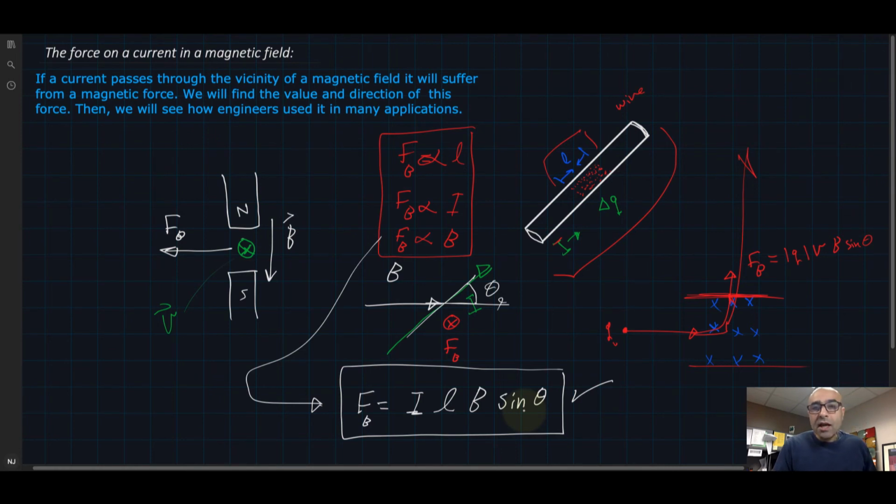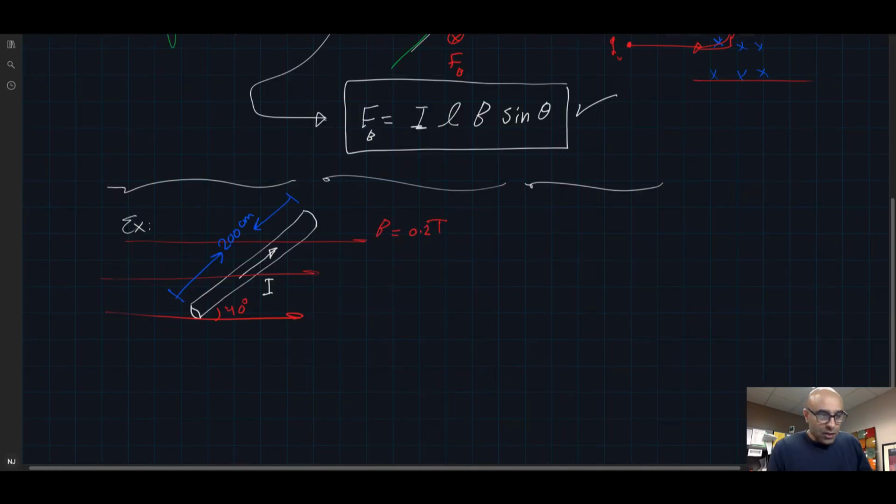Let's have a quick demo example to apply this. Okay, so look at this example here. We have a wire. In this wire, there's a current that is going this direction. And this wire has a length of 200 centimeters, and it exists within the vicinity of a magnetic field, and this magnetic field has 0.2 Tesla value.